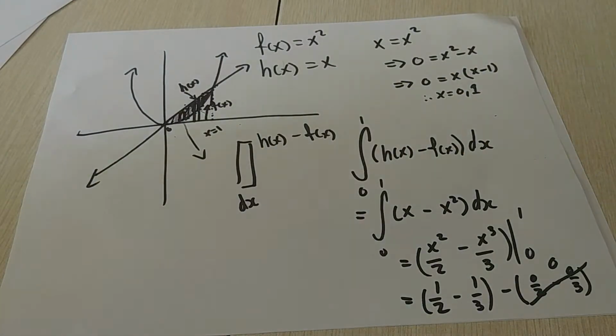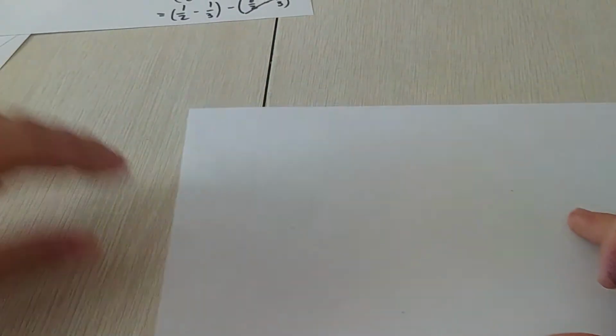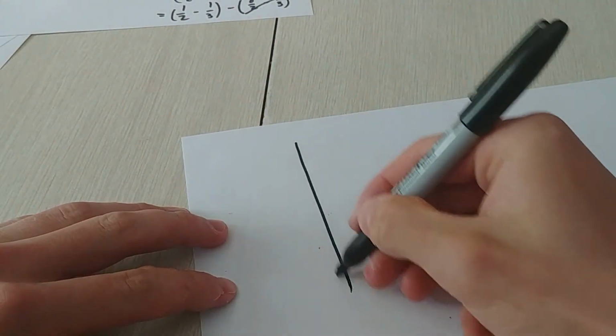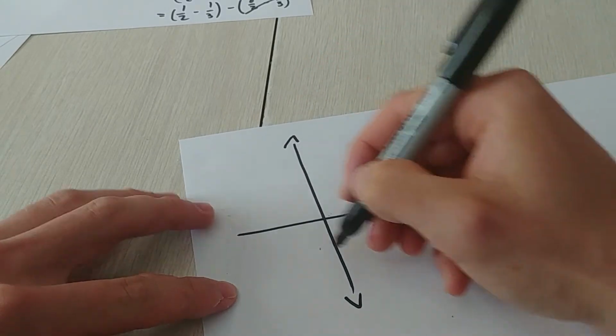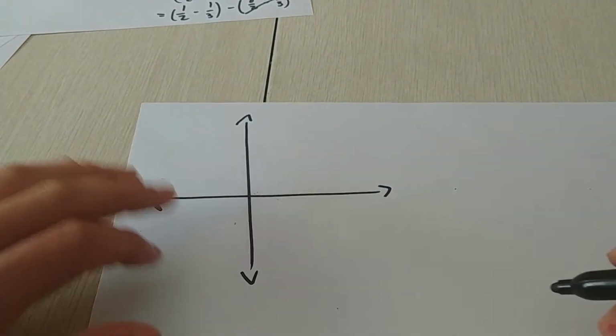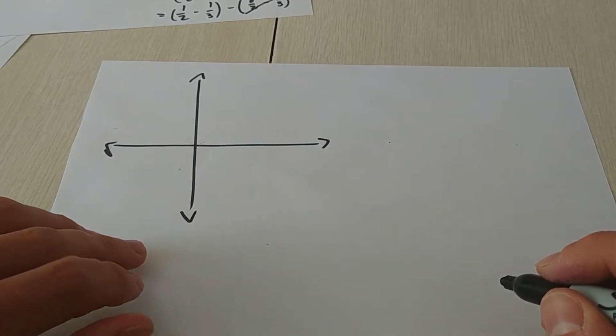Now, another way to look at this, we'll put this aside for a moment. Instead of using the height of the rectangles, you can look at it as subtracting the total areas.